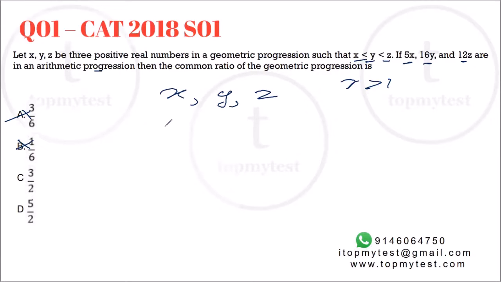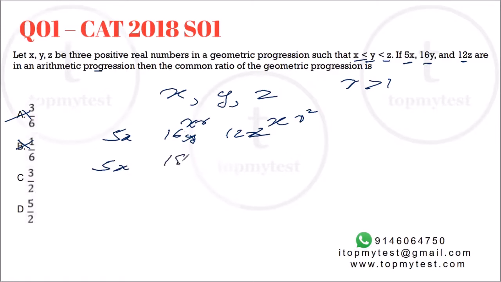If I try the option method, you have 5x, 16y, and 12z. So y can be replaced by x into r. z can be replaced with x into r square. Now, if I put r is equal to 3 by 2, you'll get 5x. This will be 16 into x into 3 by 2.